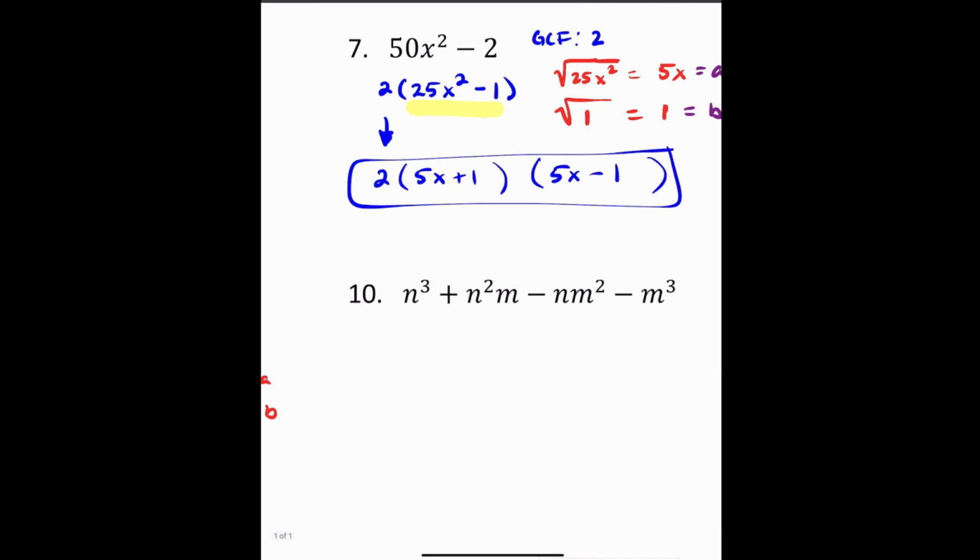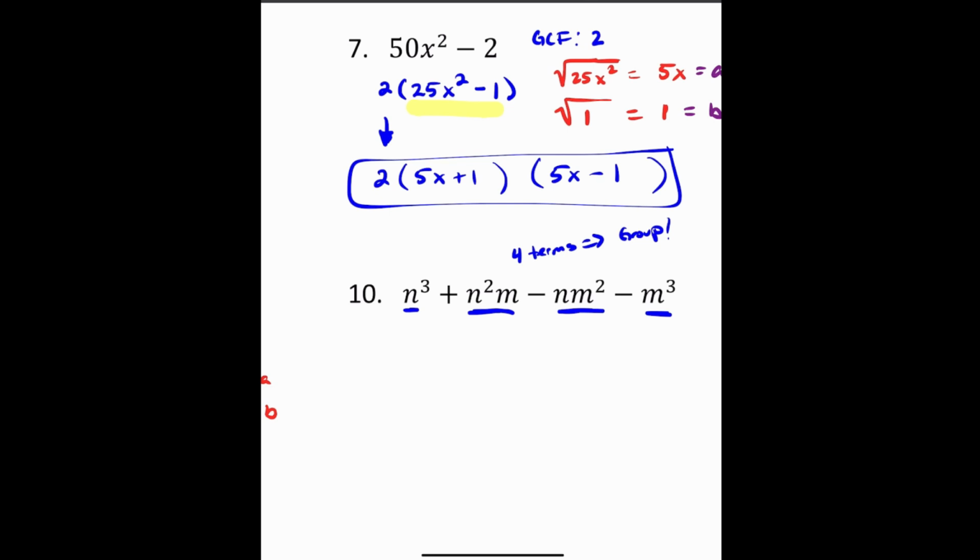And then lastly, we have n cubed plus n to the second times m minus n times m squared minus m to the third. Okay, so one thing that we need to do when we have 1, 2, 3, 4 terms, we group them.